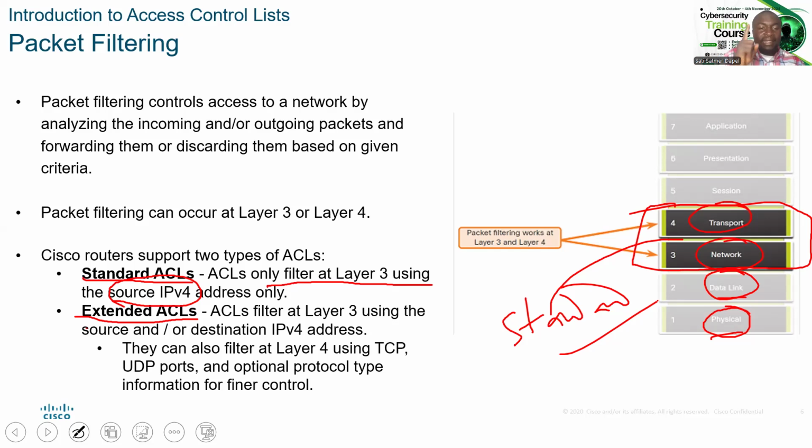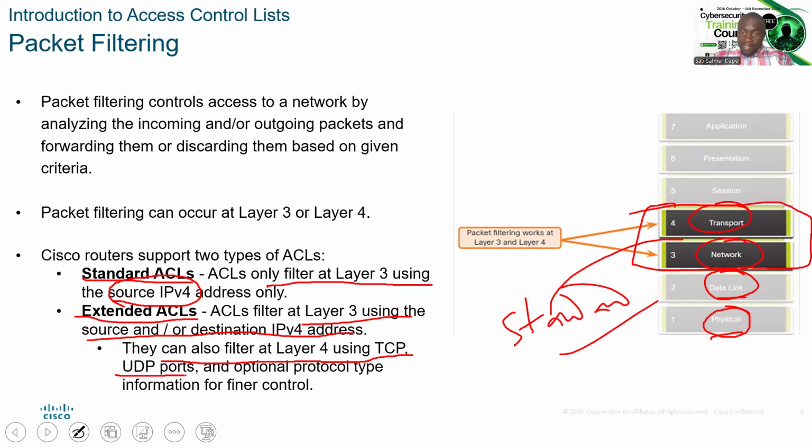Then the extended IP access list filters at layer 3 using source and destination IP address, and it can also filter at layer 4 using TCP and UDP port information. That is the extended.